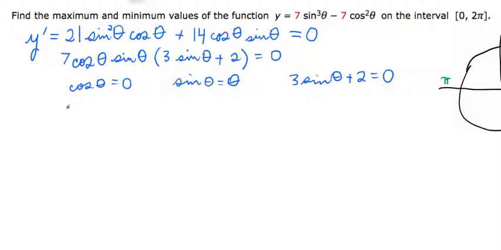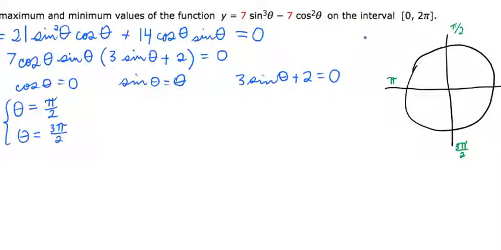So my two values of theta there are pi over 2 and 3 pi over 2. Okay, those are both critical values of the function.